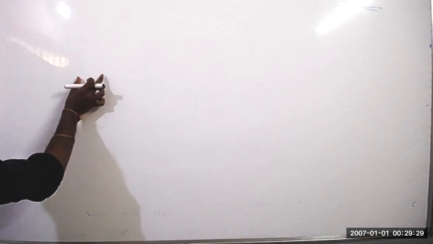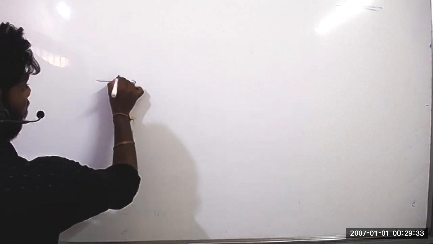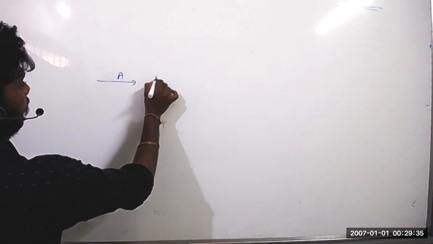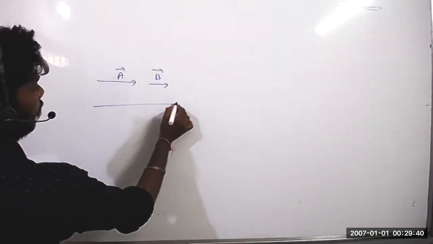So when you add vectors by using parallelogram law and triangle law, we can find both the magnitude and direction of the resultant. If we add two vectors, it will become one vector. That vector is called resultant. Resultant is nothing but, A vector, B vector, if we add the two vectors, you will get one more vector.